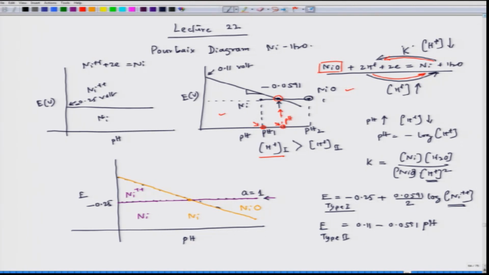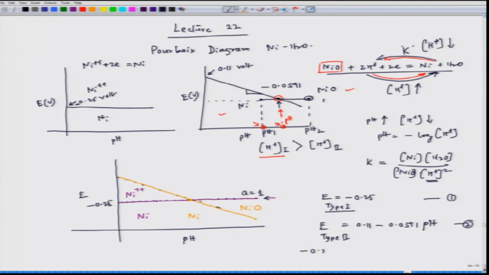In that case, this equation, this type 1 equation, would simply be this. This is type 1, this is type 2. So then we can get, at this point, these two equations are equal.